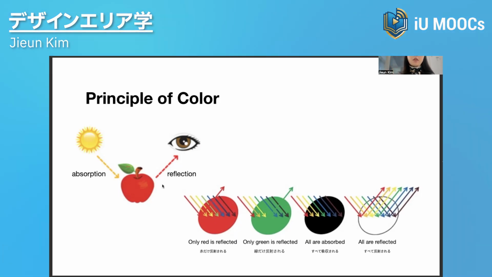If we see a leaf as green, then only the green is reflected. And if we see something black, then all the light is absorbed. By contrast, if we see something as a white color, then all of it is reflected. That's the principle about color.